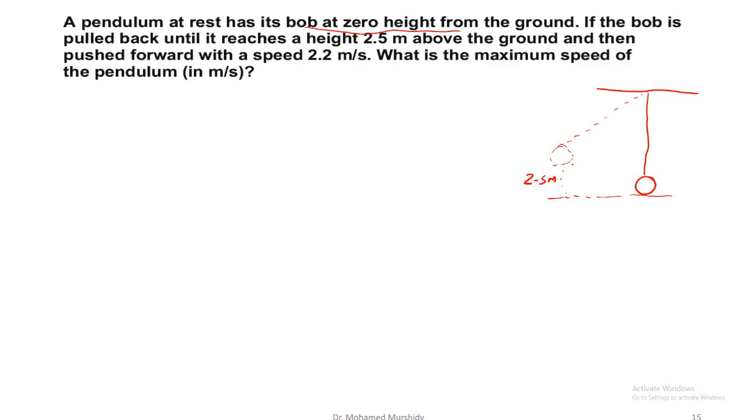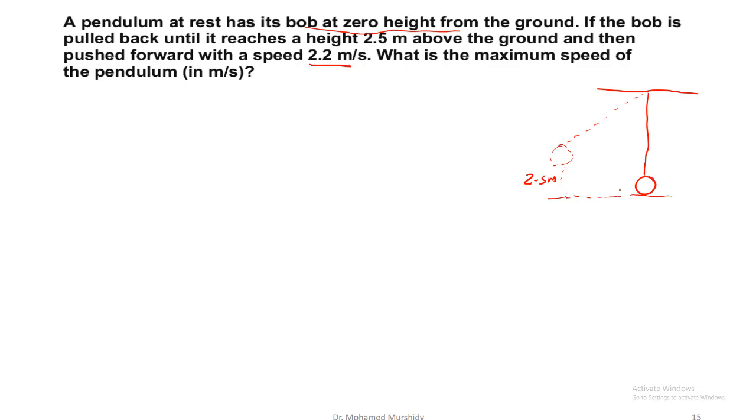Then this ball, the pendulum itself, will be pushed in that direction with an initial speed equal to 2.2 meters per second. That should be the initial speed. And the question is, what is the maximum speed of the pendulum? The maximum speed of the pendulum will be at that position.